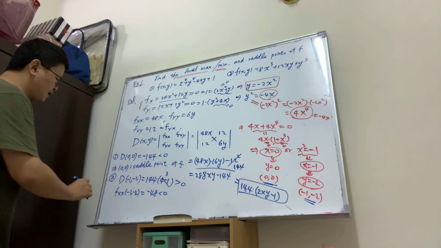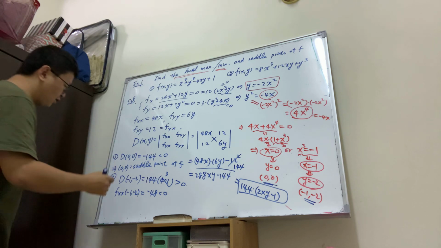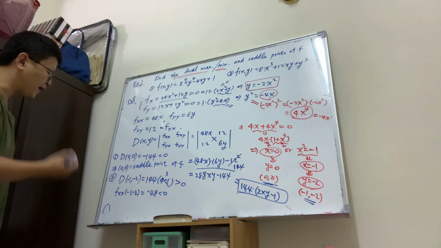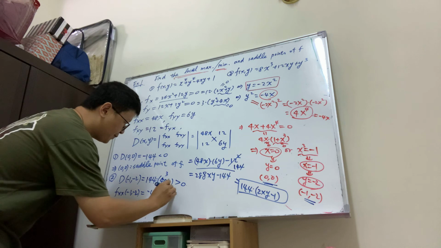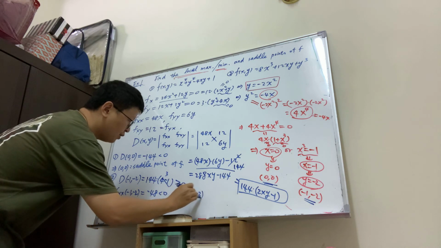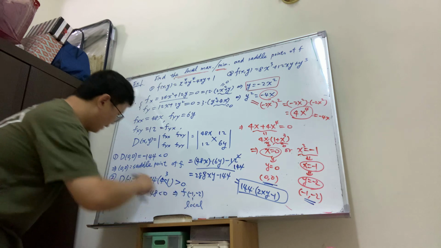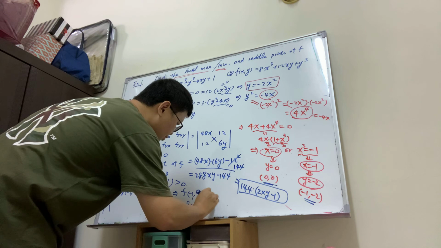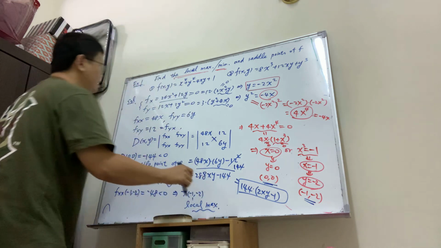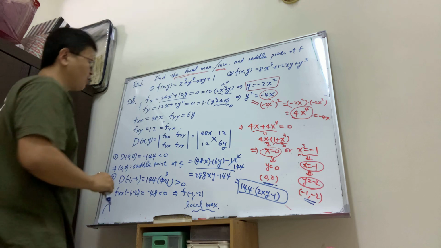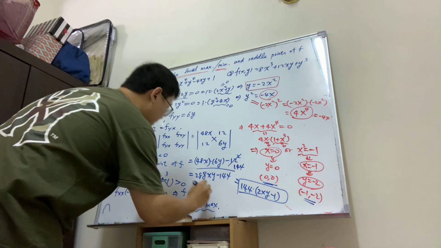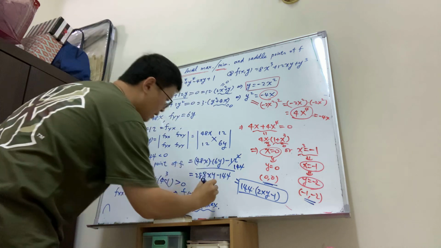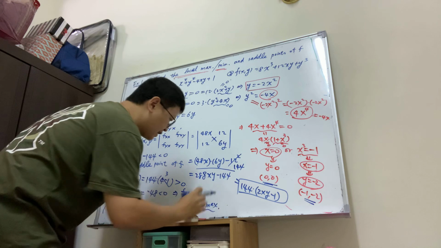Less than 0, so the second derivative is less than 0, so it's concave downward. So it's a local maximum. But you should figure out its value, so just plug in. It's 8 times negative 1 cubed, so the first term is negative 8.